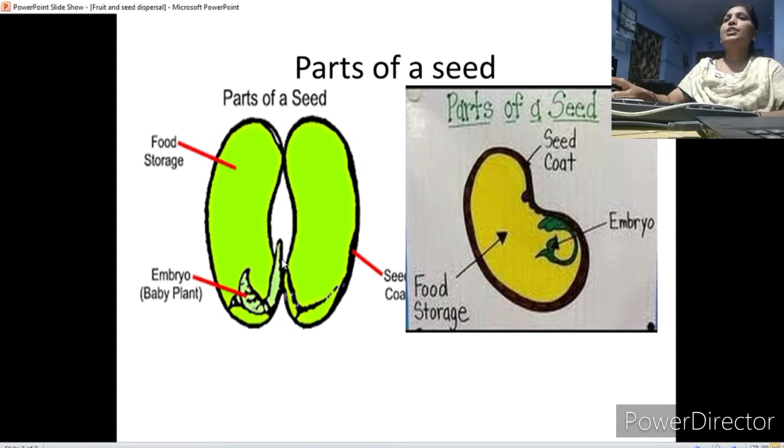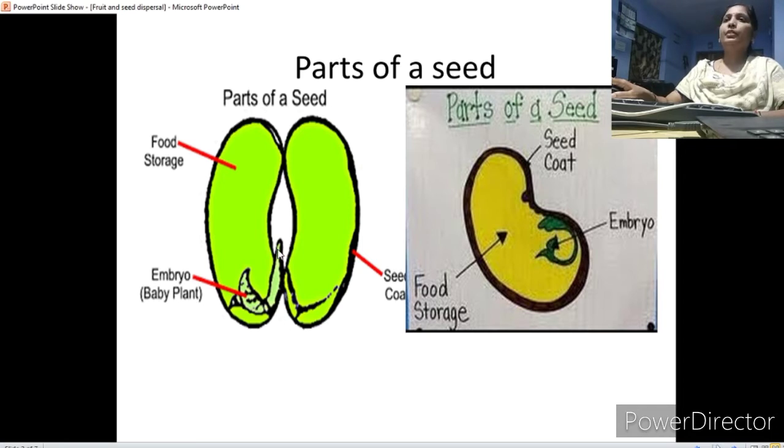This cotyledon supplies the food for the growing embryo. And then first a radicle starts growing. From the radicle, the root system develops. Whenever we sow any seed, the root system develops first. From where do the roots grow? From the radicle.